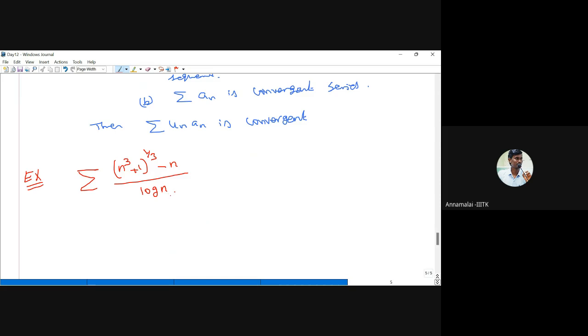Now first you have to choose u_n and then a_n, because this is a product of two series, and we are going to use Abel's theorem or Dirichlet's theorem. Therefore, we need u_n to be decreasing, maybe converging to 0. If you want to use Dirichlet's theorem, u_n converges to 0 as n goes to infinity. Now, can anyone tell me which one is a_n, which one is u_n?